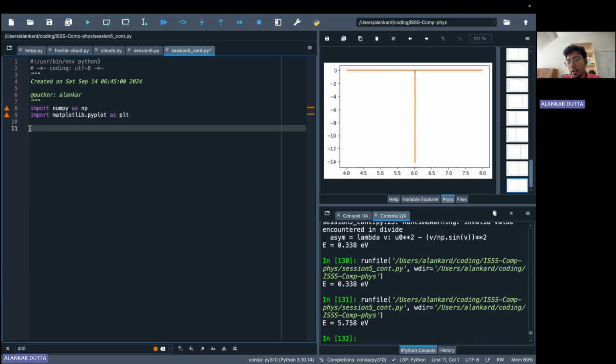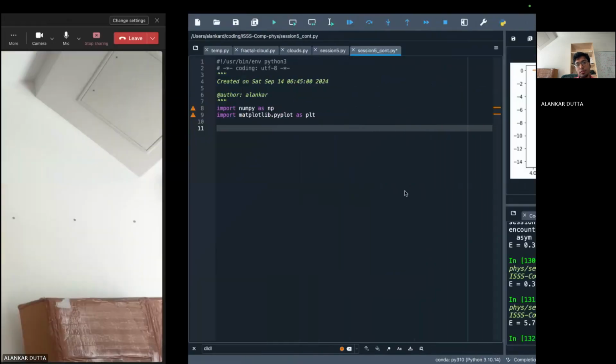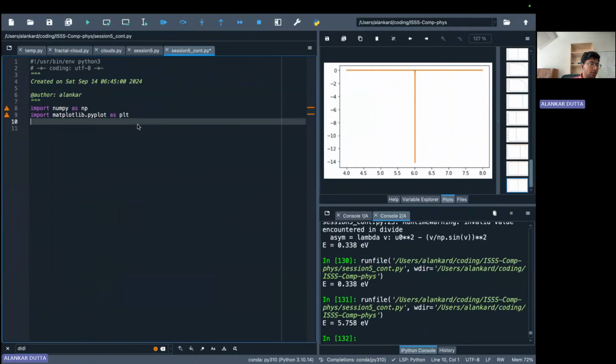Okay, assuming that there are no questions, I straight away move on to the next one, where we are trying to find the root of a polynomial, right?